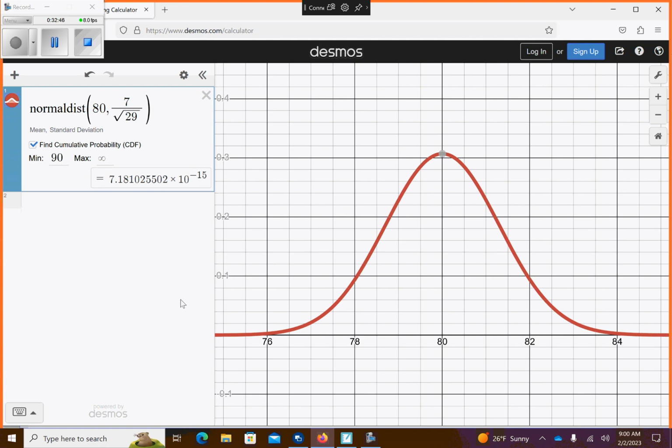So if I were to say to you guys at the very beginning of the year, what's the probability based on this information that everyone earns an A? Can we all agree that 7.18 times 10 to the negative 15th power is the chance that everyone earns an A?